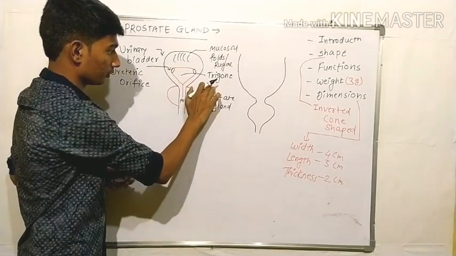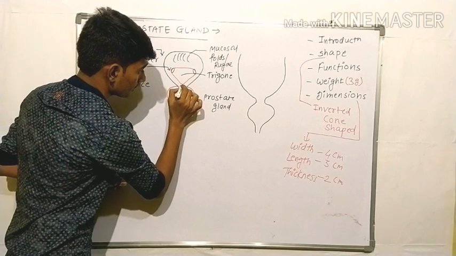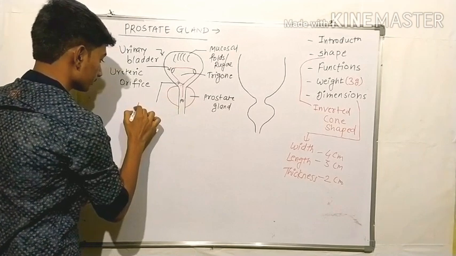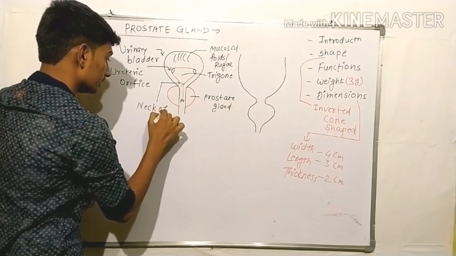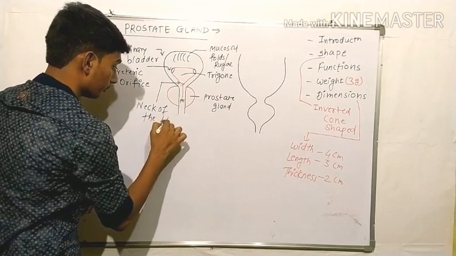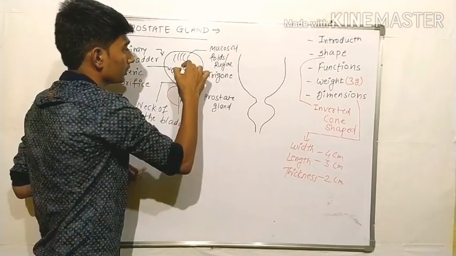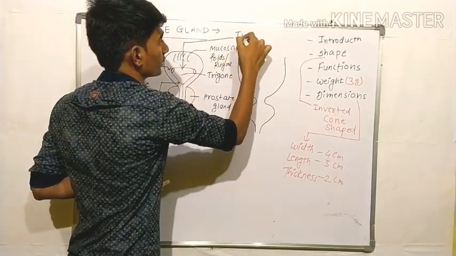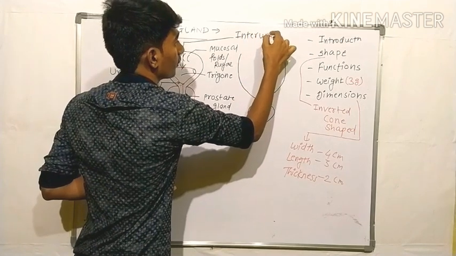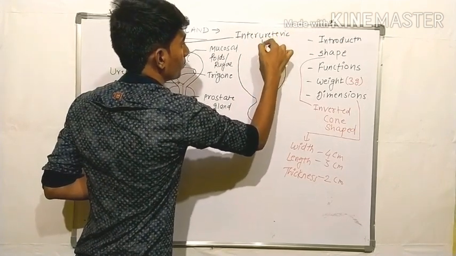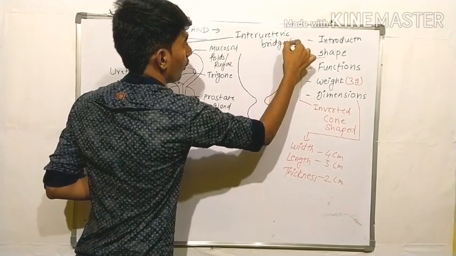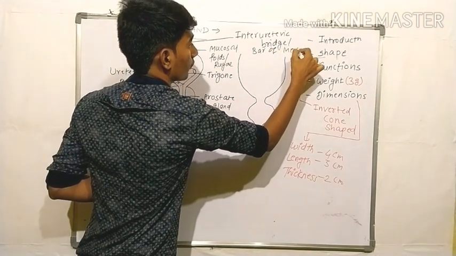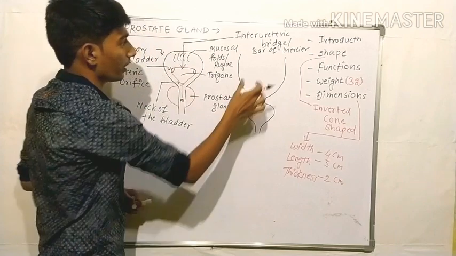This is trigone. And this point is known as neck of the bladder. This is interureteric bridge or bar of Mercier.